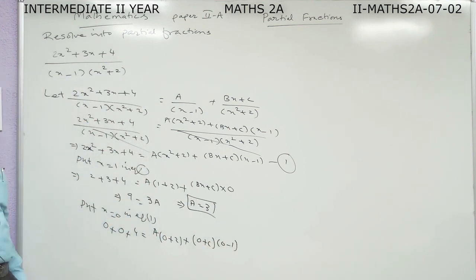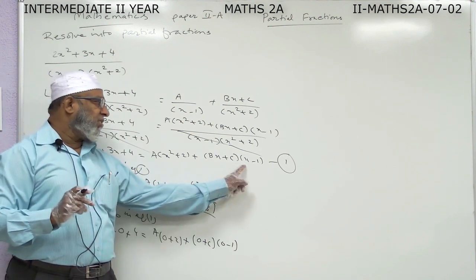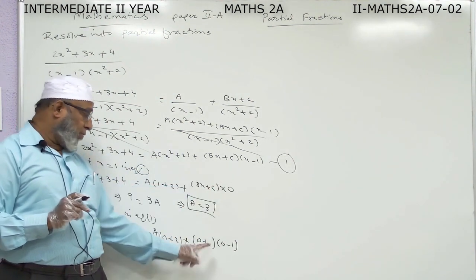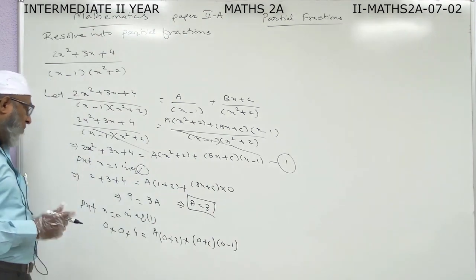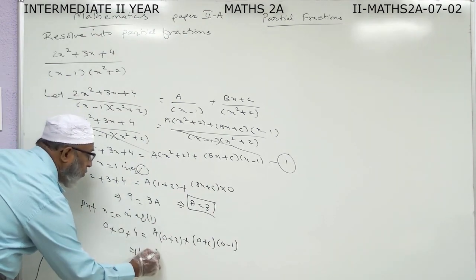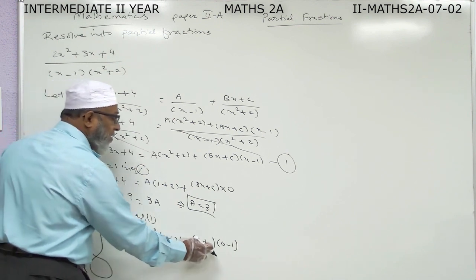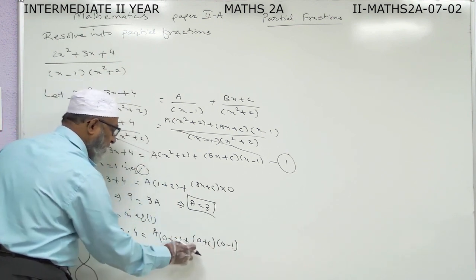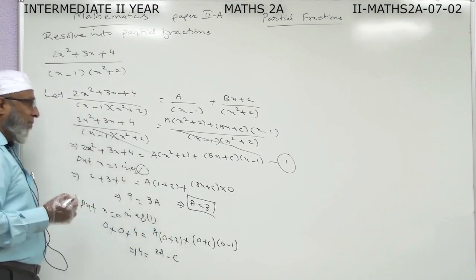Wherever x is there, I have replaced it by 0. Now what happens? This is nothing but 4 is equal to a into 2, that is 2a. This is c into minus 1, which is minus c. So this is nothing but 2a minus c.